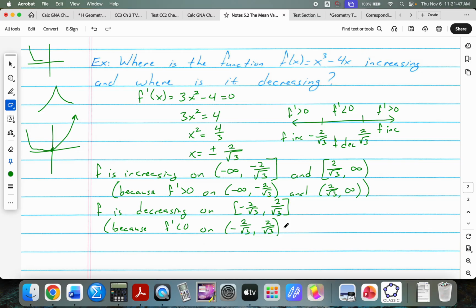And again, there are some arguments in textbooks and such. Someone might ask, well, what happens at 2 over the square root of 3? And you're like, okay, in calculus, we really don't ever talk about increasing or decreasing at a point if we can help it.